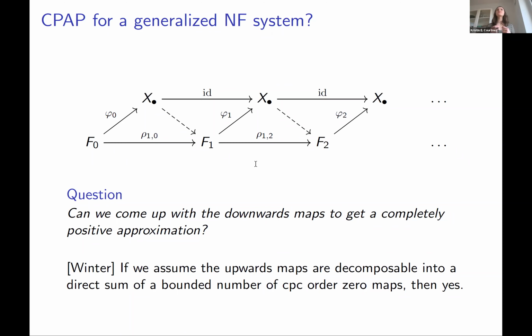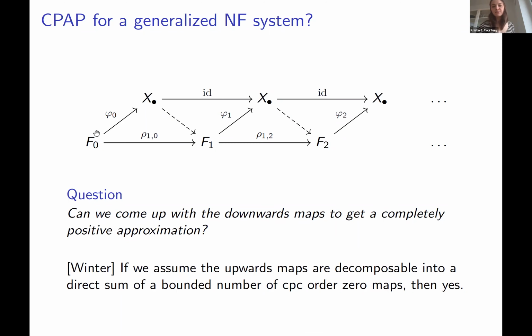Okay, so if one actually just assumed, no holds barred, that this upwards map was just a completely positive or CPC order 0 map, then one can actually build an inverse for the CPC order 0 map and then Hahn-Banach it back up to get to the entire C-star algebra.